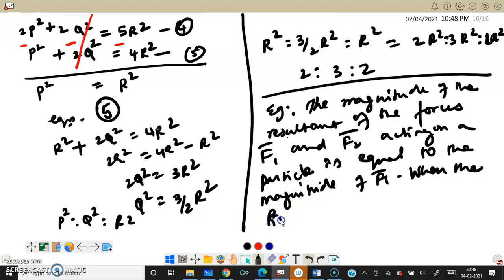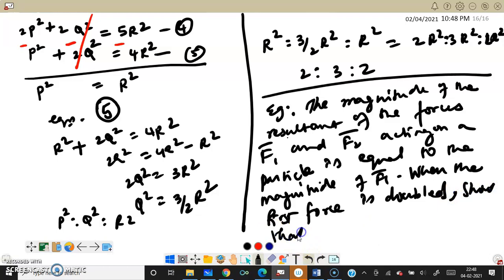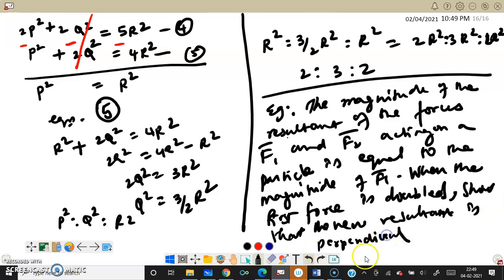When the first force is doubled, show that the new resultant is perpendicular to F2.